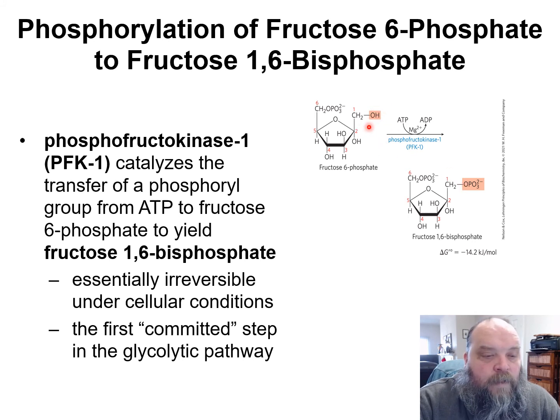Again, nucleophilic, electrophilic attack. Now you have phosphate groups at carbon 1 and carbon 6. And this whole thing generates what? Negative 14.2 kilojoules per mole. Extremely exergonic.